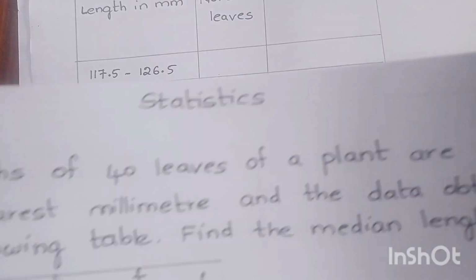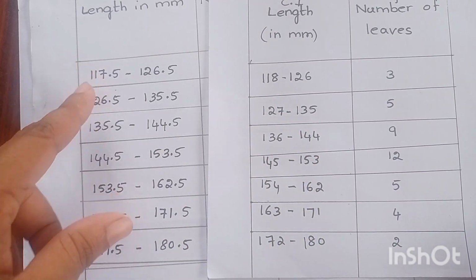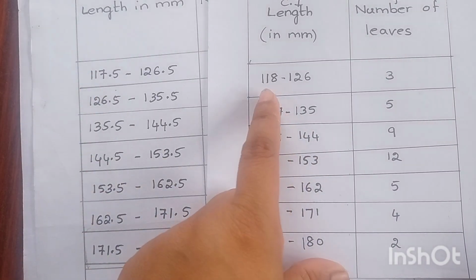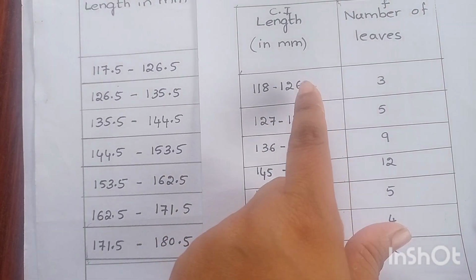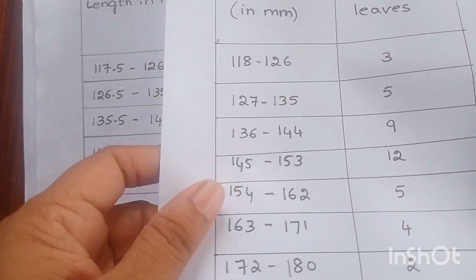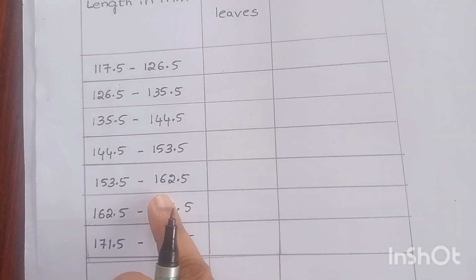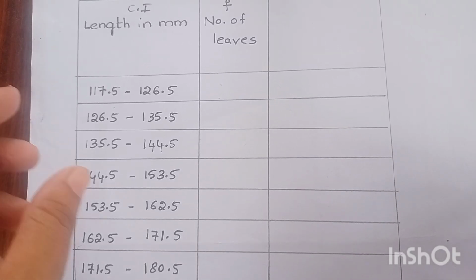Here in the question it was given like this and we have corrected like this. Means what? We have subtracted 0.5 from the lower class limit and we have added 0.5 to the upper class limit. After doing this we will get the class interval like this. Now you can check that the class intervals are in order.